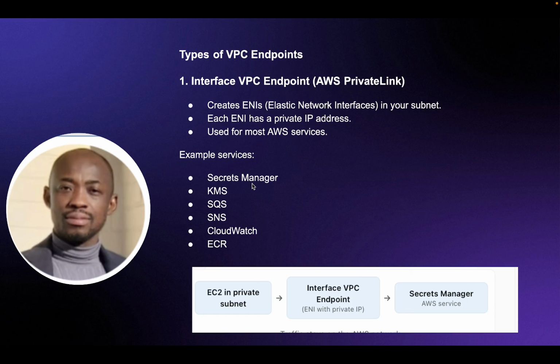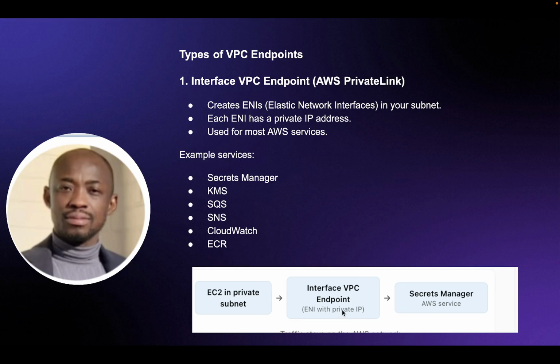Again, this tells you what is going to happen. You have your EC2 in your private subnet, it's locked down, it doesn't have any public IP. So for you to connect privately to resources like Secret Manager, KMS, SQS, SNS, ECR, and so forth, you create an endpoint, which will create an ENI interface endpoint in your private subnet.